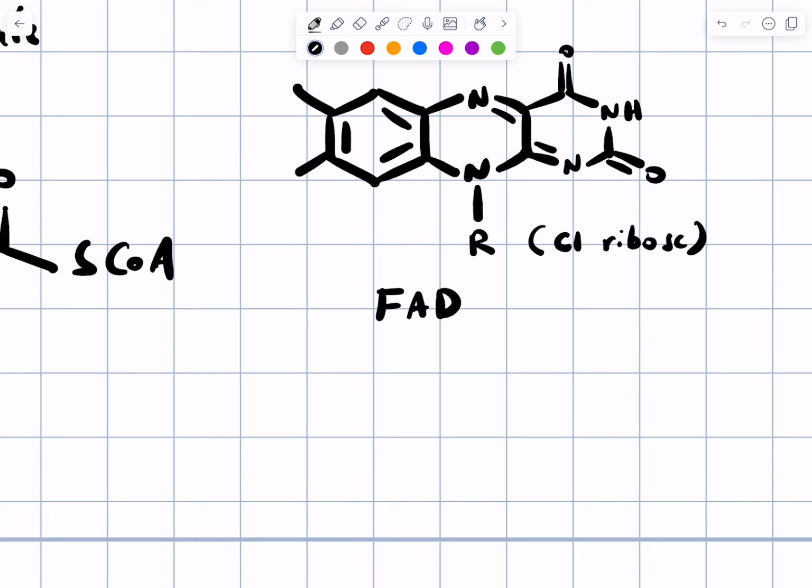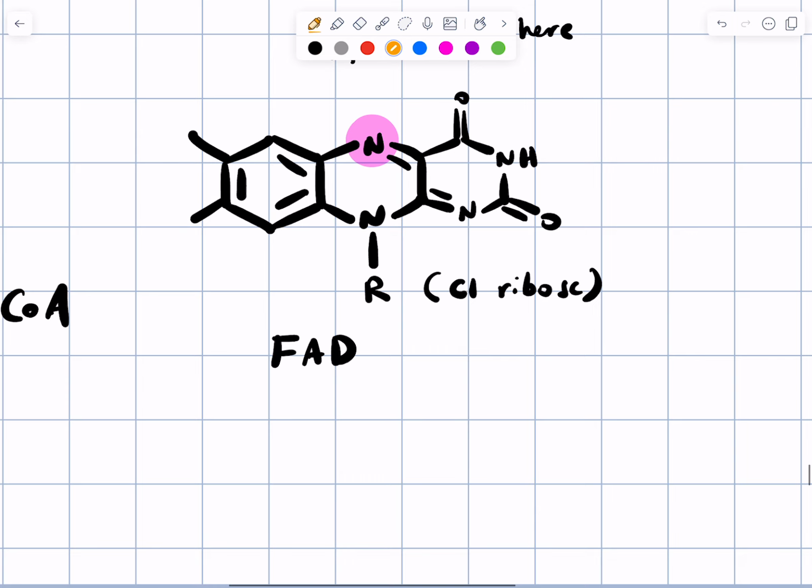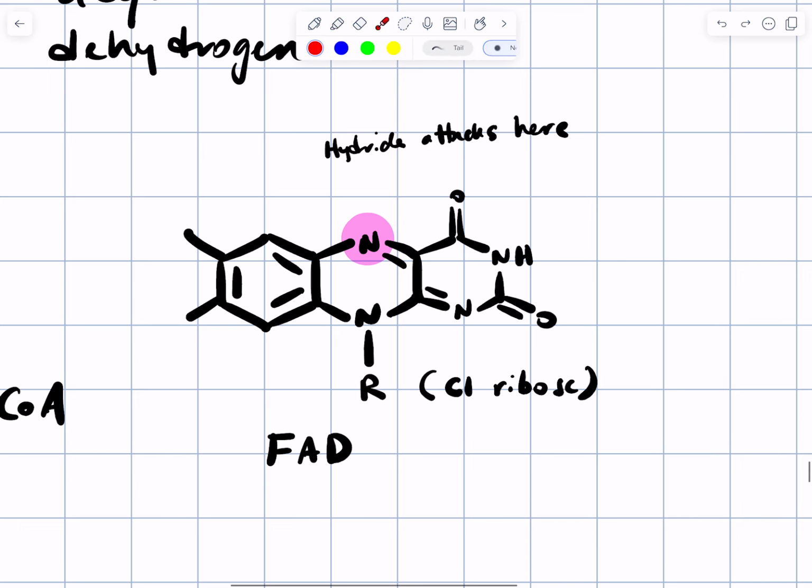Okay, so that's a much larger group than NAD+. But we're going to see that it is electrophilic here. Hydride is going to attack there, and hydride is going to be delivered to that nitrogen, the pink nitrogen.